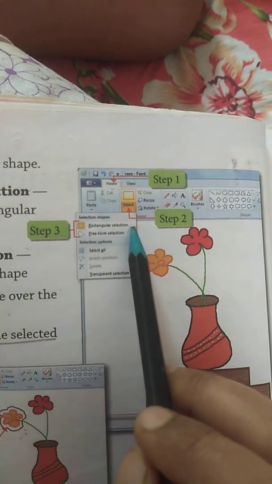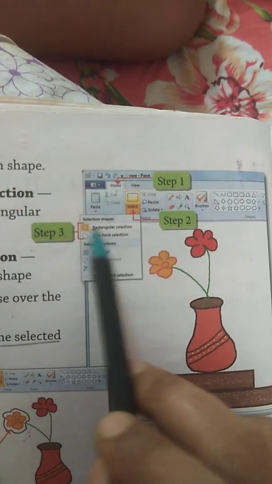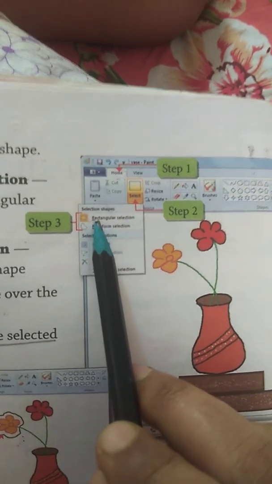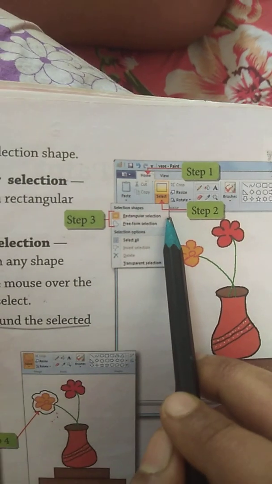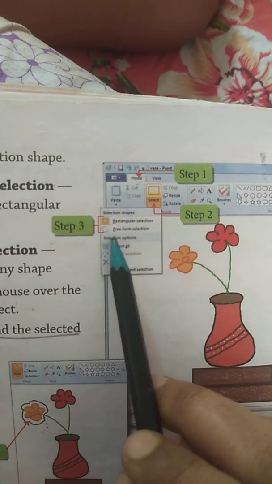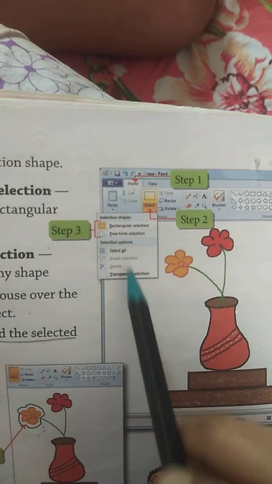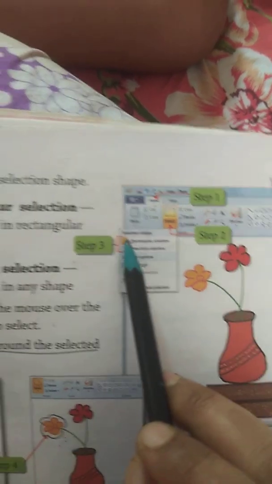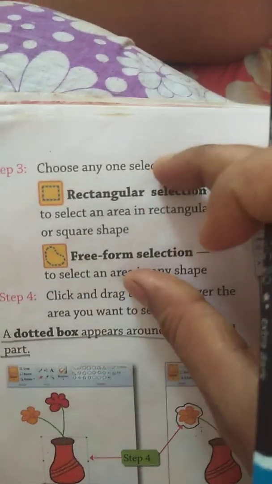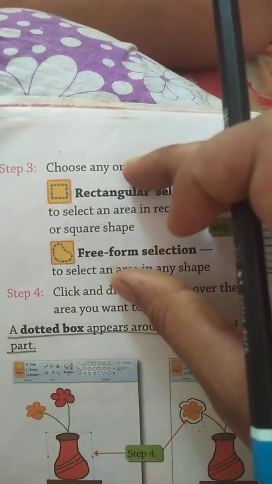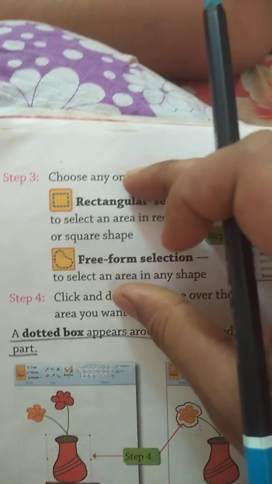In this menu you can see at first the rectangular selection and freeform selection, and there are many other options also. Rectangular selection and freeform selection are very important to understand. This is the main thing from all the steps.